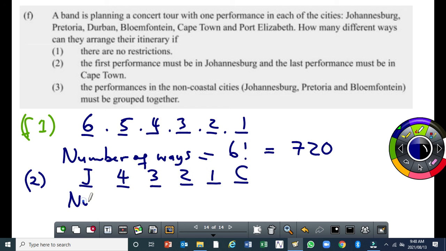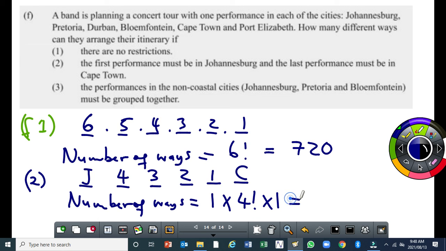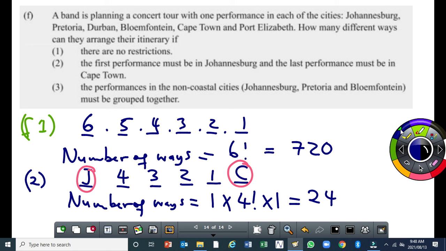So the number of ways will be 1 times 4 factorial times 1. What is 4 factorial? 24. So it will be 24. But please be aware that this position is fixed for Joburg and that one is fixed for Cape Town. There's only one Joburg, there's one Cape Town. Are you following that?